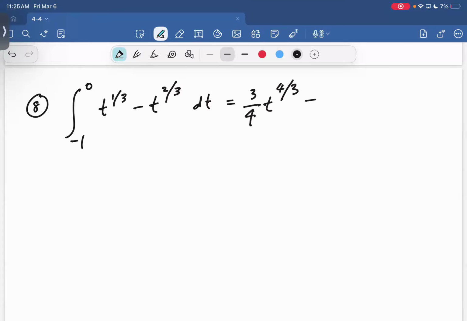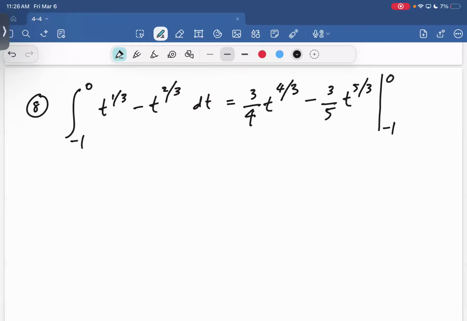We'll get there. Anybody? Of t to the 2/3? Yes, good. Okay, and then we're going to evaluate this between 0 and -1, right? So 0 at the top and -1 at the bottom.